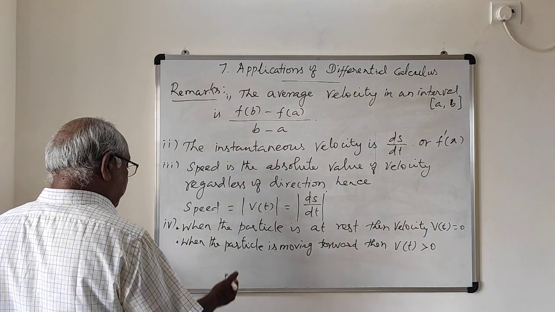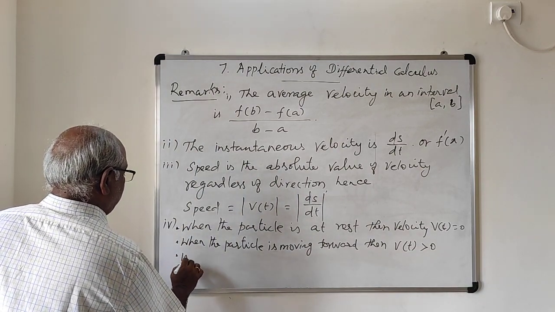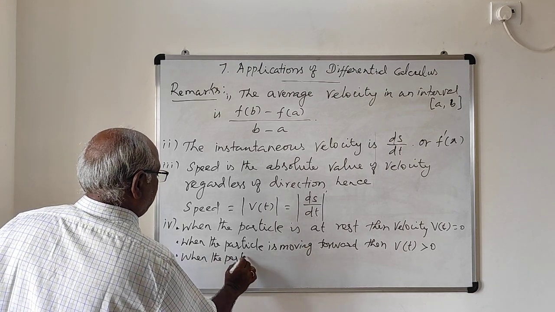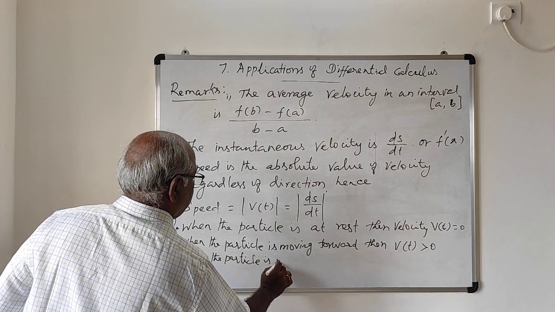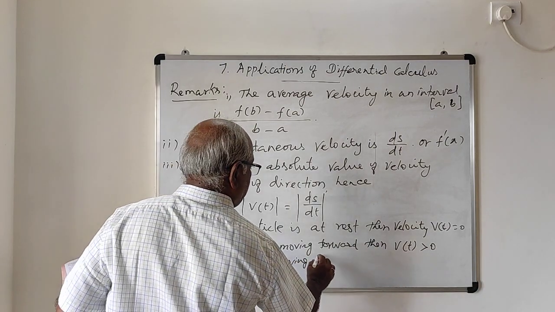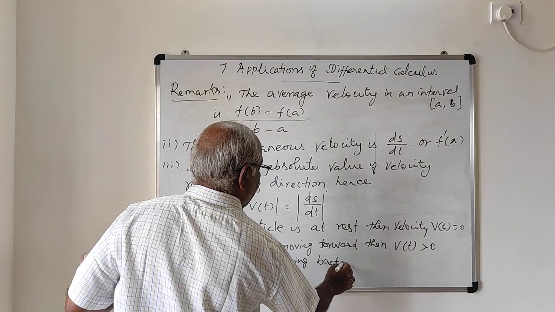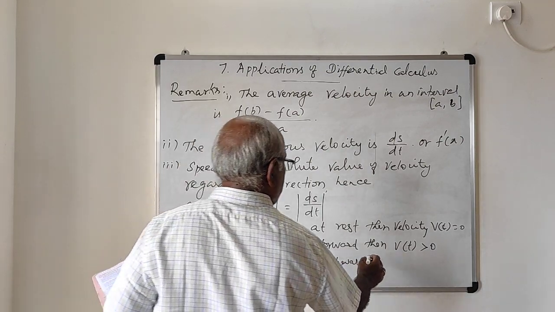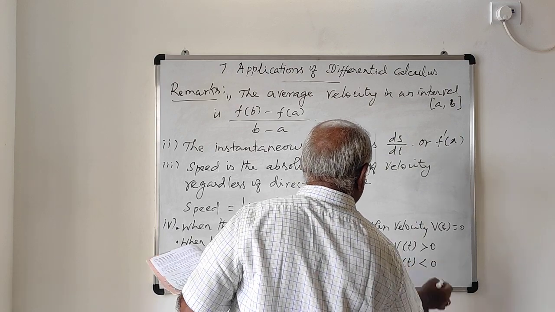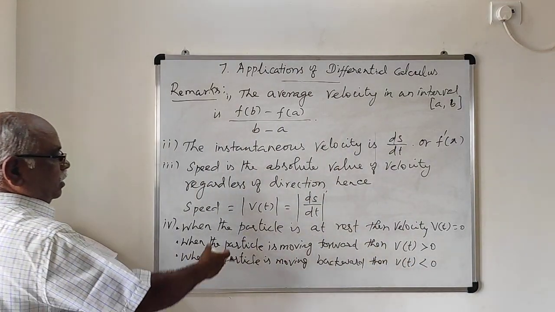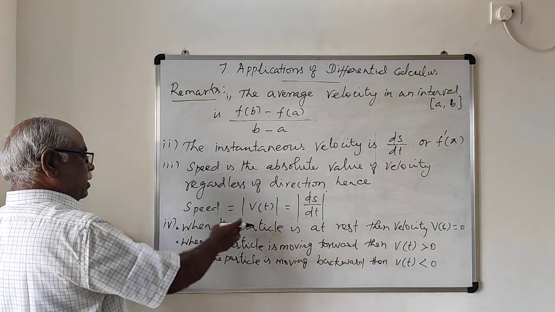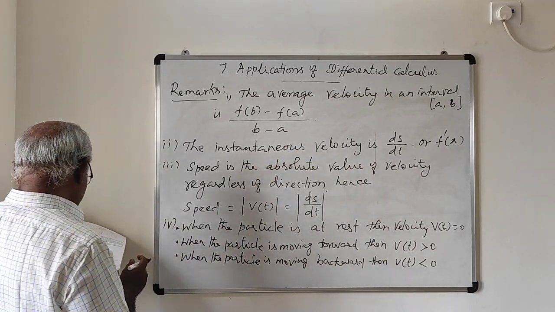When the particle is moving backward, then velocity is negative, less than 0. When the particle is at rest, velocity is 0.